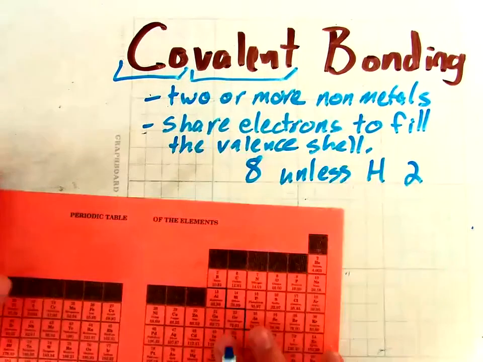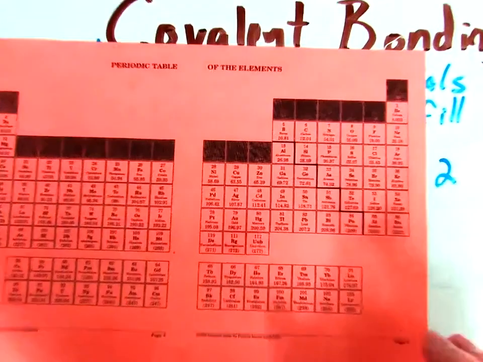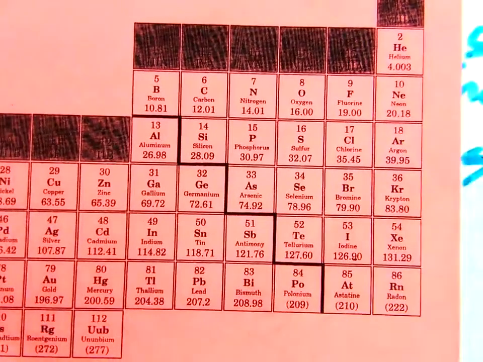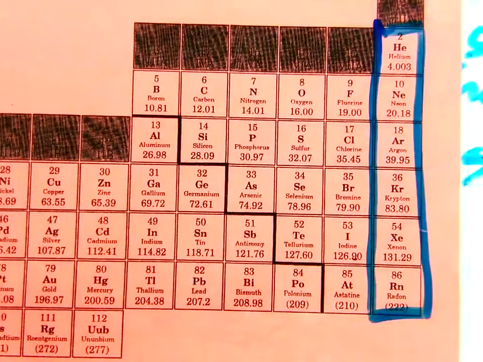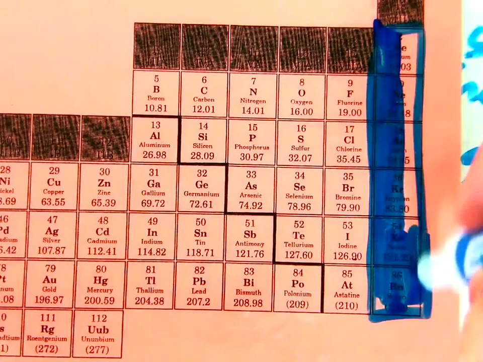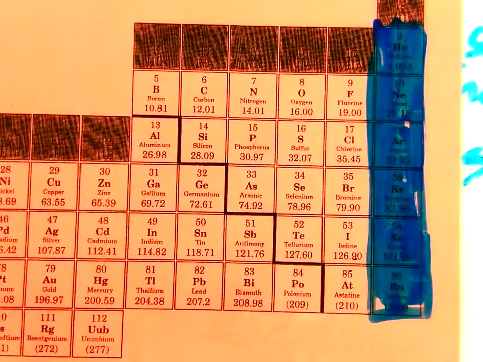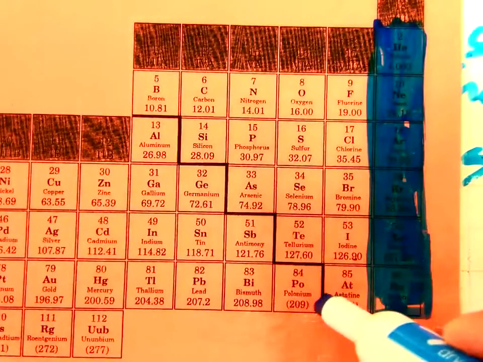When we talk about nonmetals, nonmetals are on the right side of the periodic table. We've only got a few nonmetals that are going to bond. First off, this column here are the noble gases. They don't bond with anybody, so we can forget about those. Then the jagged line tells us where the metalloids are.